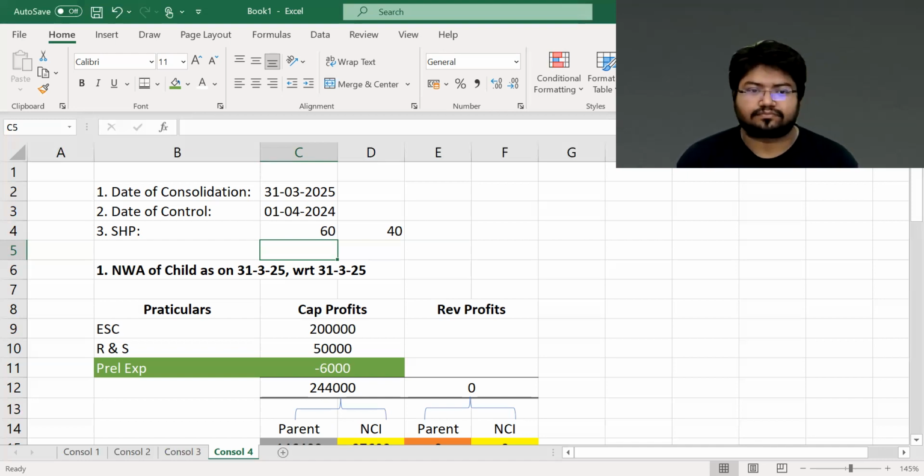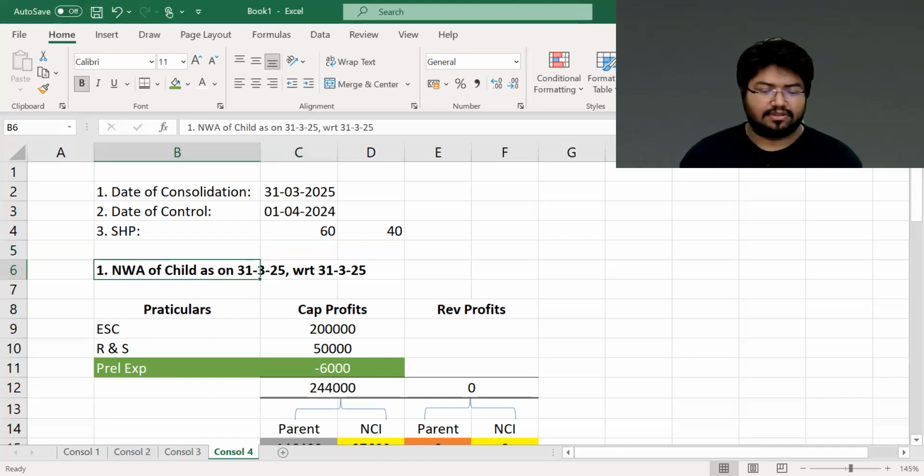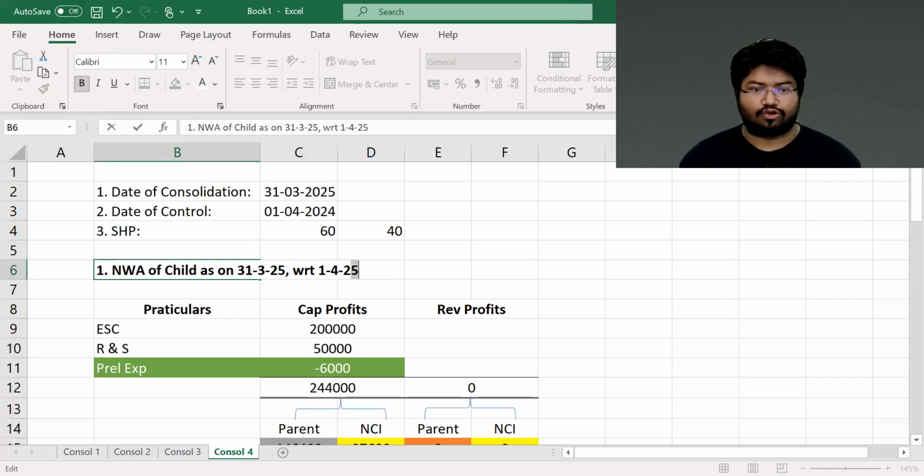Yes, sir. So start with first step, that is net worth analysis of child as on 31st March 2025 with respect to 1st of April 24. Most important, these dates are.